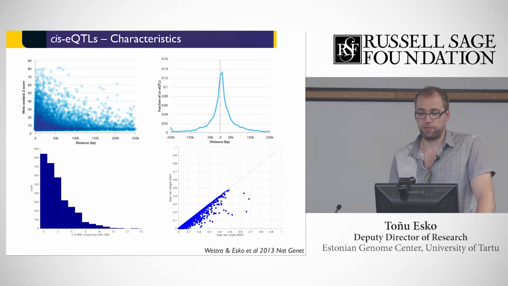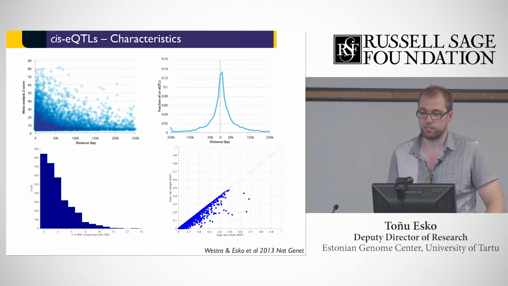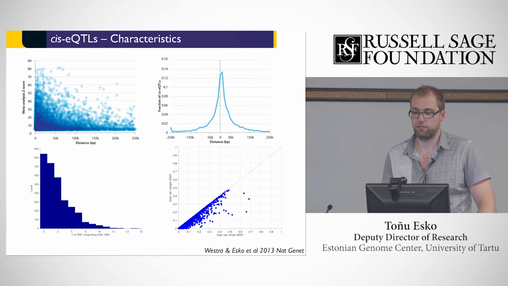And in the second plot on the top, again we have the distance between the gene and your SNP, and on the y-axis the fraction of all the cis eQTL SNPs within this window length.